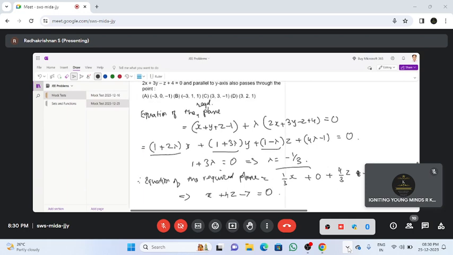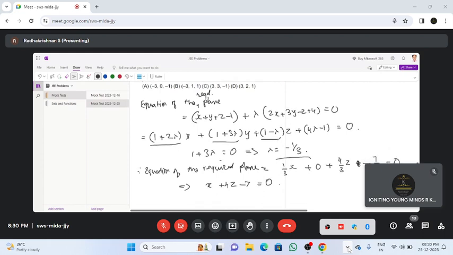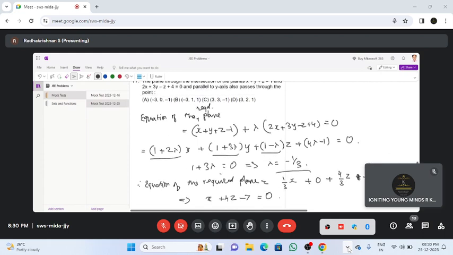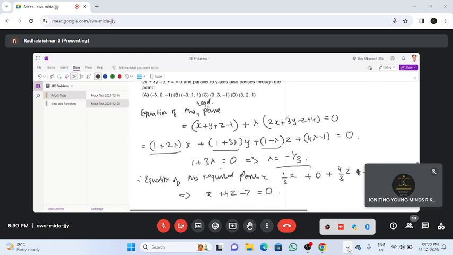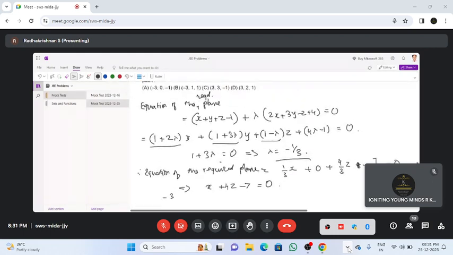Now it's a matter of substitution. Minus 3, 0, minus 1. Anyway, y is not at all there, so all you have to do is substitute for x and z. So minus 3, minus 1. Minus 3, minus 7.